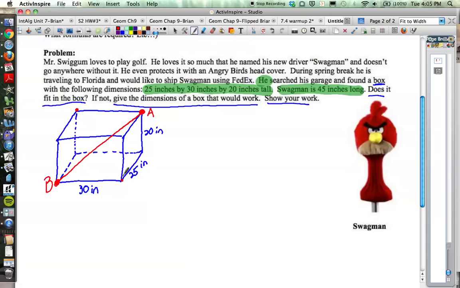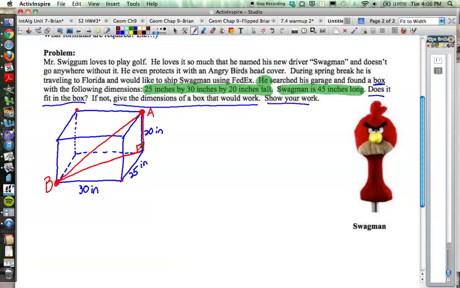So there's a few different places I could draw that, but let's just take a look at this. That dimension right there is going to be a part of this triangle right here. So I'm going to sketch in this triangle, because this is a right triangle.